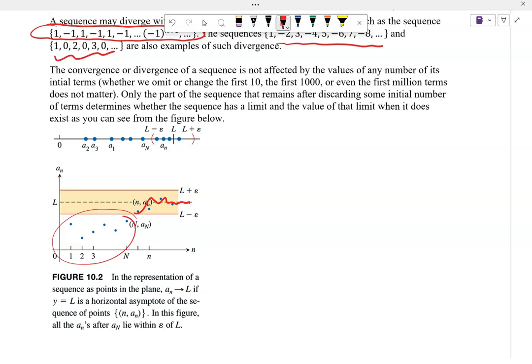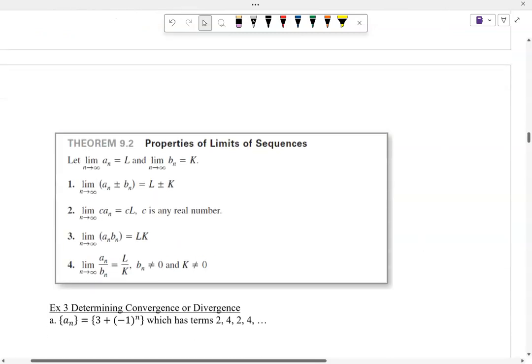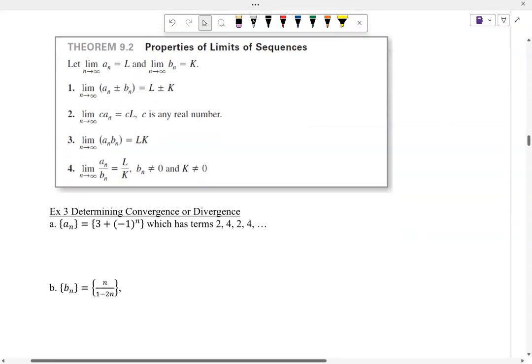That number of terms might be 5, might be 10, might be 100, right? But the question is, does it eventually settle down and is bounded? That's the question of whether a sequence has a limit. And here's some properties of limits of sequences. These are the old properties you had in your calculus 1.